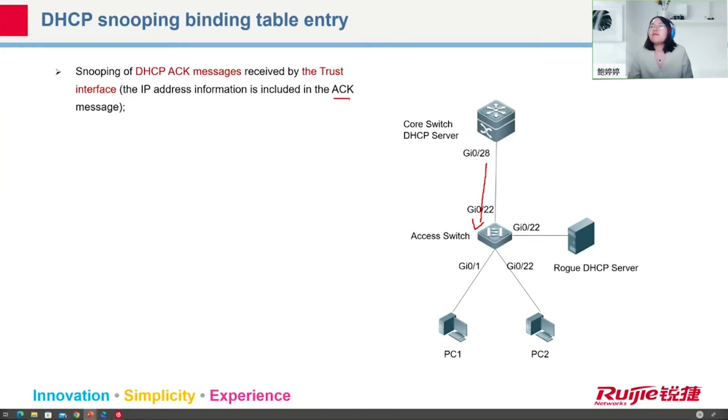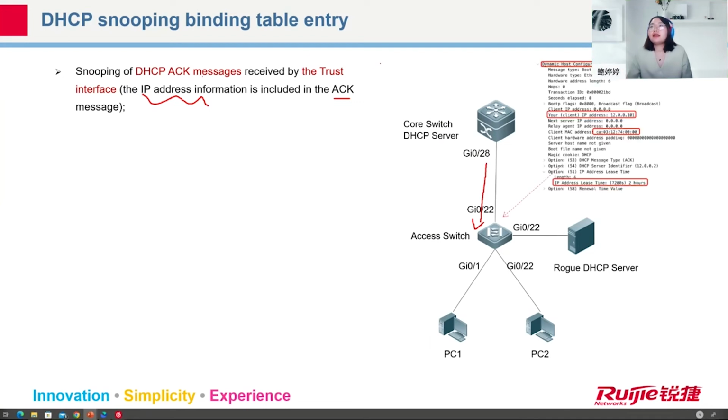In the ACK message, we can know the IP address information and also get some MAC address information according to the encapsulation. From the ACK message, we can know which IP address will be assigned to the client. The IP address is 12.0.0.101, and the client MAC address I also know.